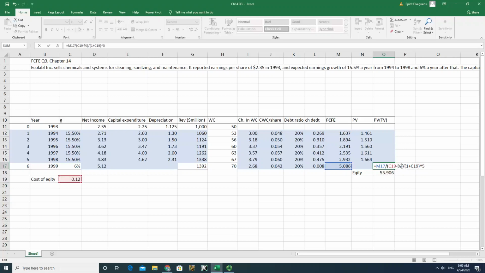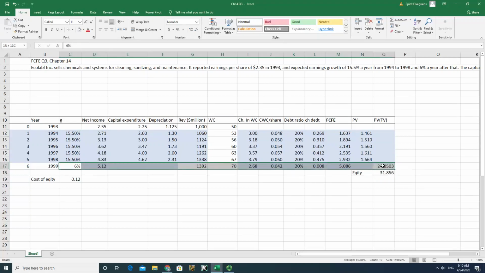If I make the growth rate equal zero, you will have 12% in the denominator to discount this future cash flow, and then discounting back, you will have a smaller value for TV, and therefore a smaller stock price. And I think this is a more realistic solution for question A.